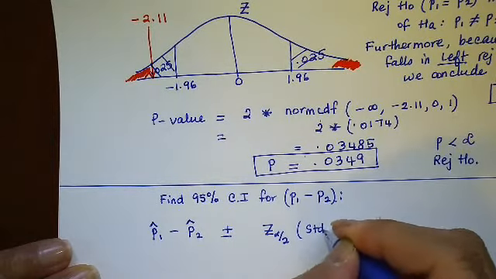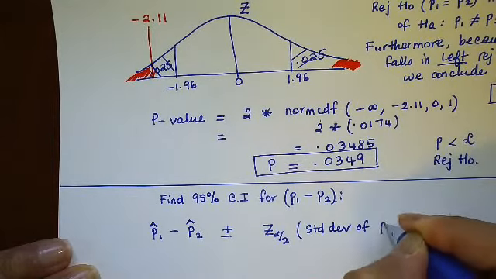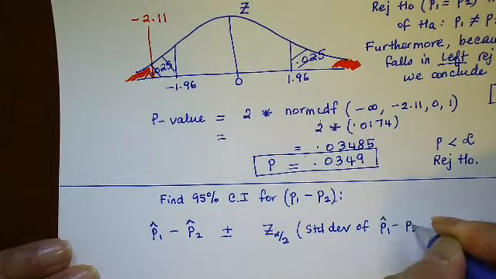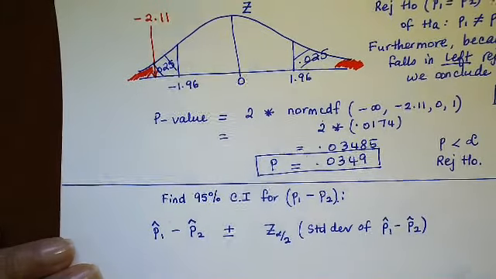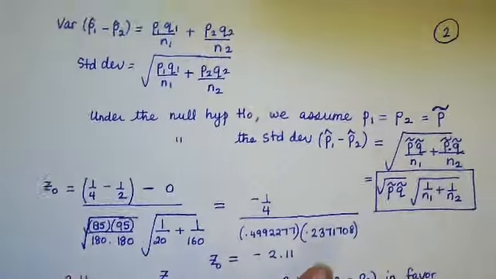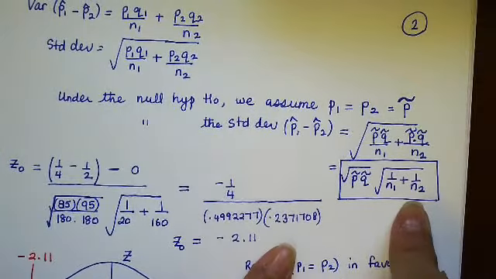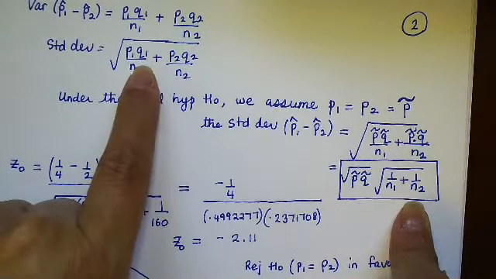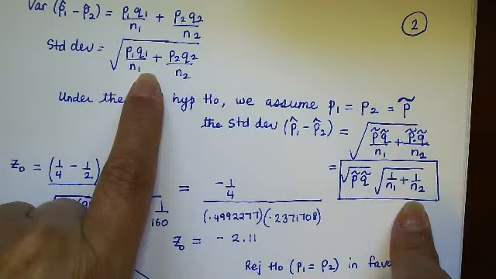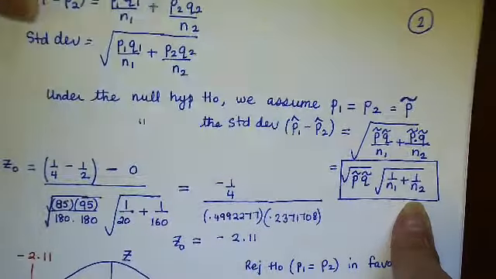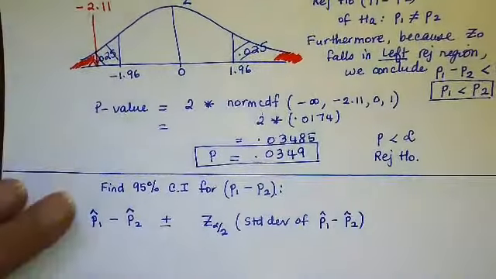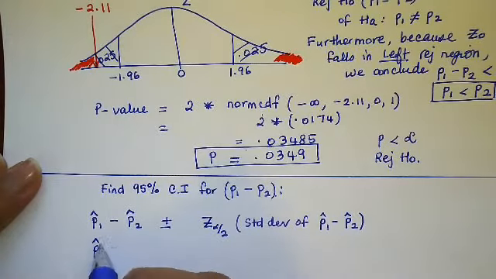So this would be equal to P1 hat minus P2 hat plus or minus Z alpha over 2 times the standard deviation of P1 hat minus P2 hat. Not the standard deviation under the null hypothesis, not this one, but rather this one. P1 Q1 over N1 plus P2 Q2 over N2.